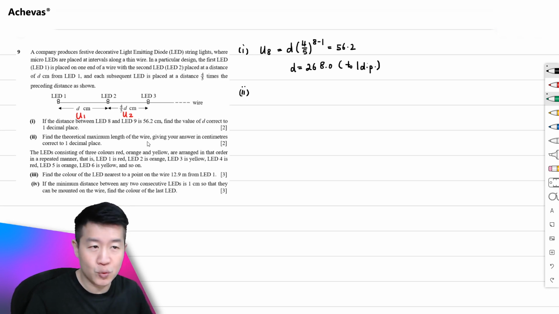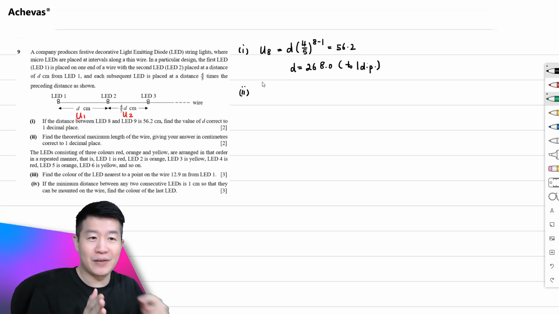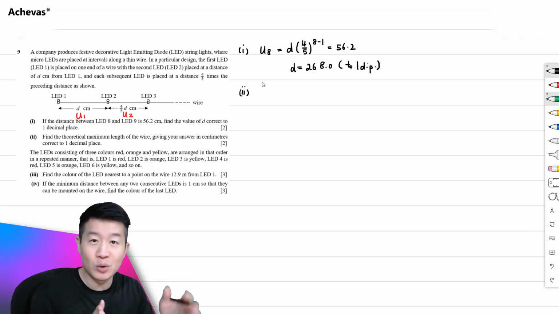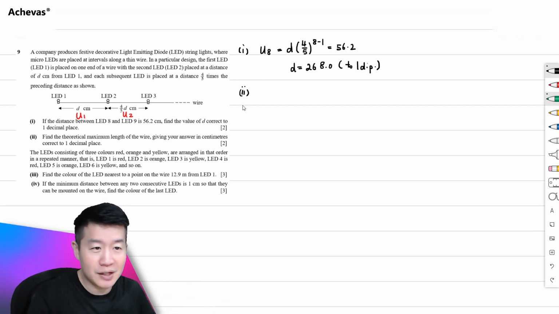Then part 2. I want to find the theoretical maximum length of the wire. The theoretical maximum length is if I can continuously add all the distances between the LEDs together, so we will do a sum to infinity.